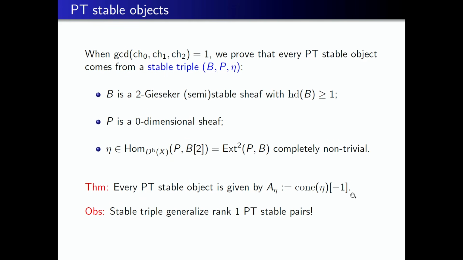So if you take the cone in the derived category, that's going to give you a complex. This complex has 2 non-trivial cohomologies. One cohomology is B, and the other cohomology is P. Right? So you can think of this as a 2-term complex that has two non-trivial cohomologies, these two sheaves B and P.